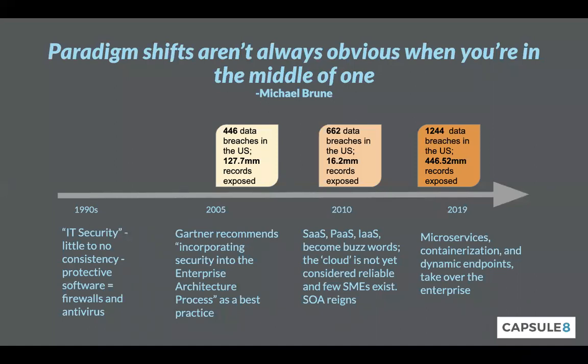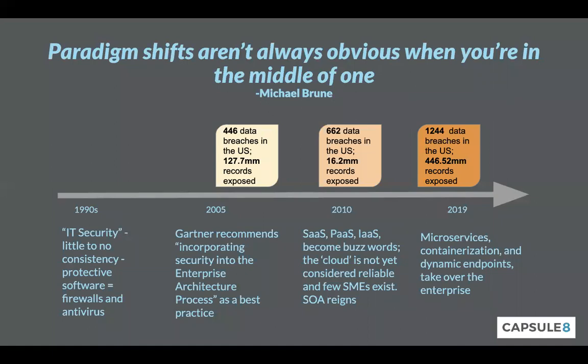By the early 2000s, we start to hear about incorporating security into the enterprise architecture process as a best practice. We start hearing about service-oriented architectures, which was really just sophisticated middleware, or enterprise service buses that handled integration, security, and exposing web services. At the same time, we start seeing massive data breaches for the first time.